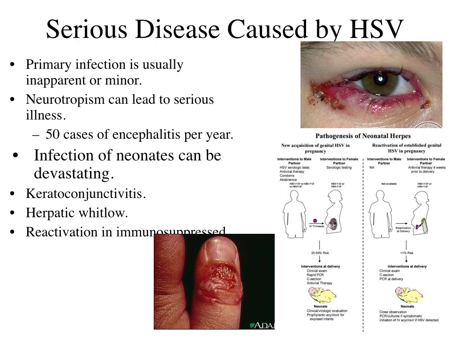Although primary infection with HSV is often inapparent or minor, there are some serious diseases that are caused by HSV infection. For instance, both types of HSV can cause encephalitis. Encephalitis caused by HSV-1 is rare but can result in significant brain damage or even death.